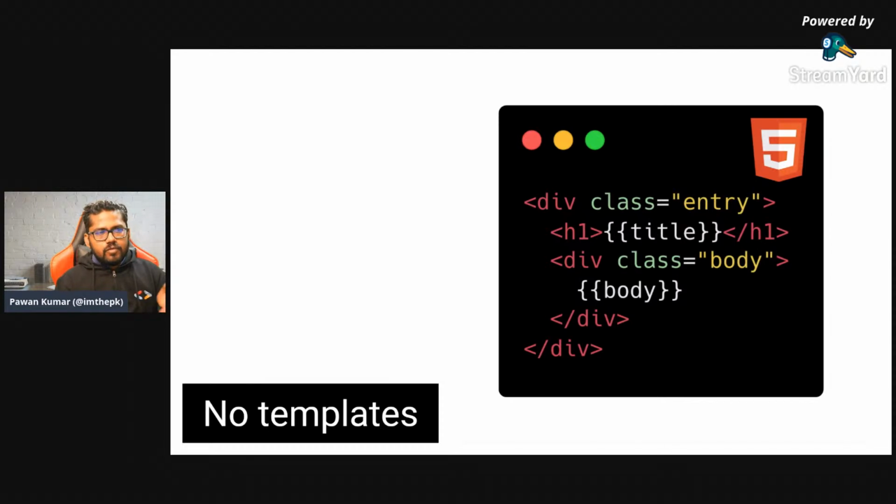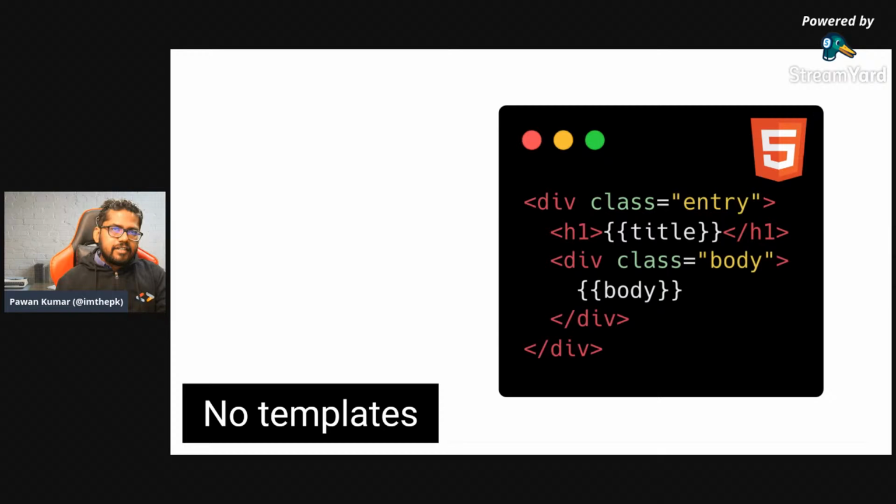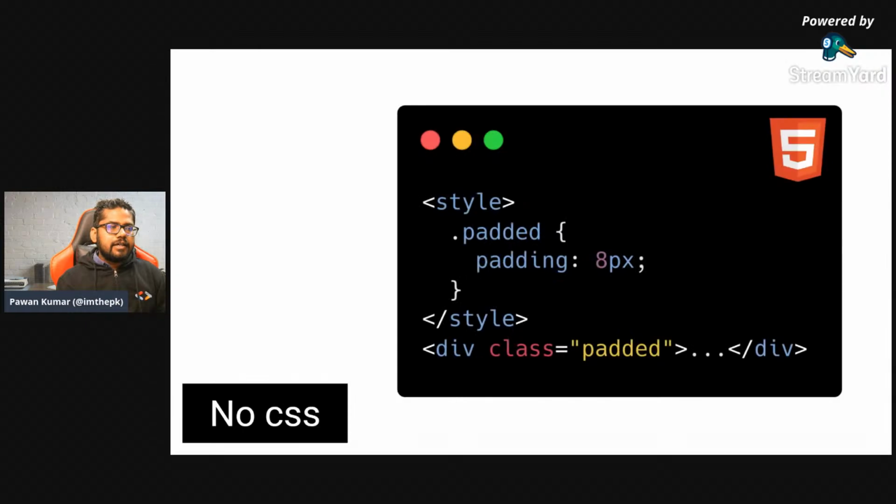Now here you will see one thing, that this HTML component which I'm showing here has just a title and a body, right? And there are no templates as such. What I mean is that if you see this component, we are using HTML for just structuring, right? And this is where we have to use CSS, to pad it, to add colors and all those things.